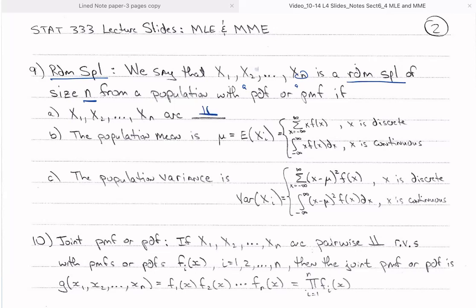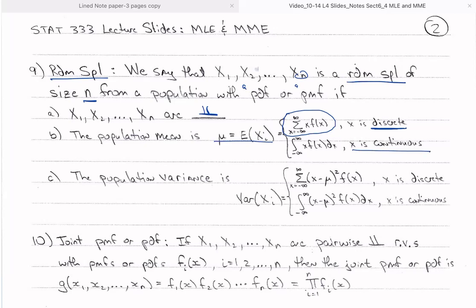Okay. The population mean, mu, equals E of xi, and again, if it's discrete, then we have to use the summation form of the expectation, which is the sum of x times f of x, for x from negative infinity to positive infinity. Remember, it's discrete, so we can set x from negative infinity to positive infinity.